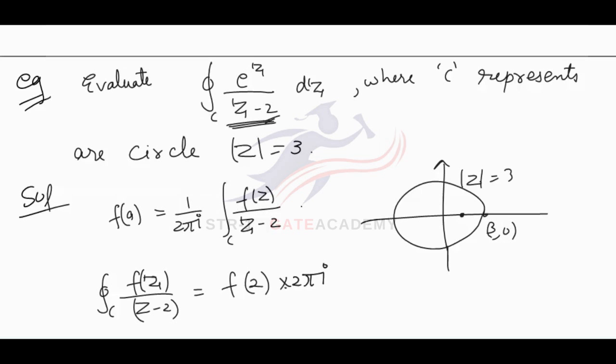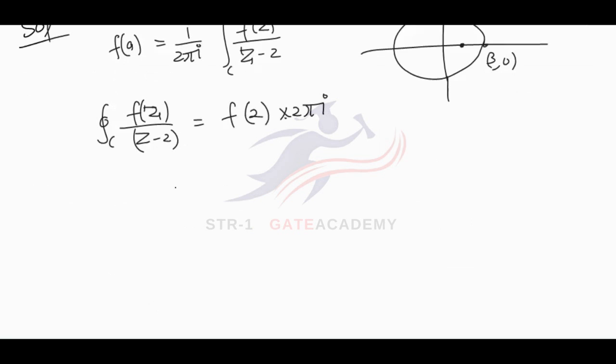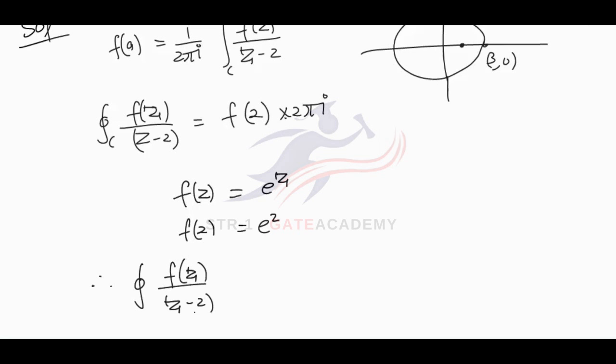If I compare, f z is nothing but e raised to z, so f of 2 will be e raised to 2. So therefore the integral of f z upon z minus 2 will be nothing but e raised to 2 into 2 pi i.